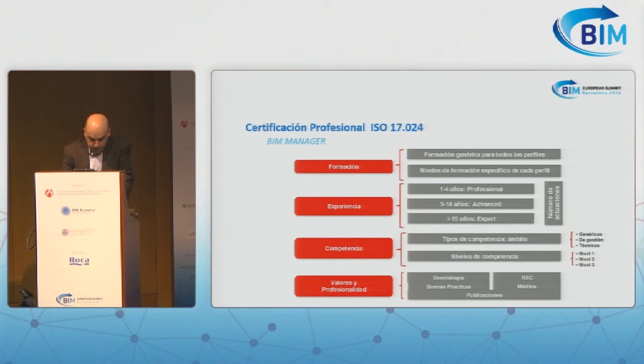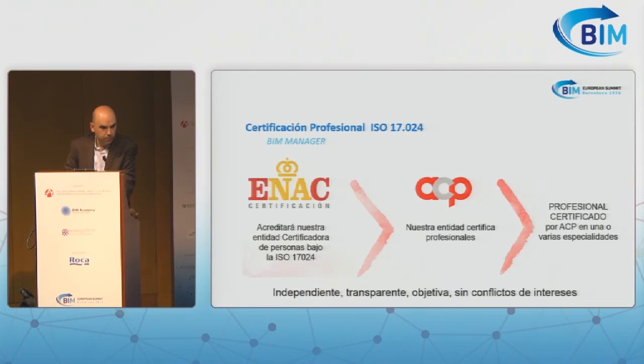The person will also have to send some proof of the works that this person has done. And in order to test the competencies, he will have to pass an exam. On the lowest side of the slide, you see that part of the assessment will also include the values and a code of ethics that will have to be accepted, the ACP code of ethics.